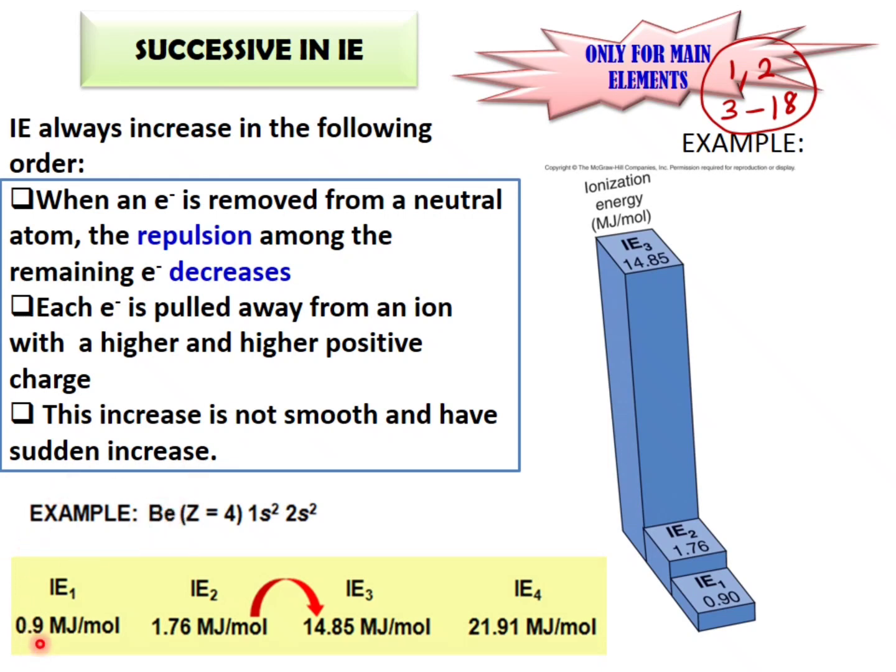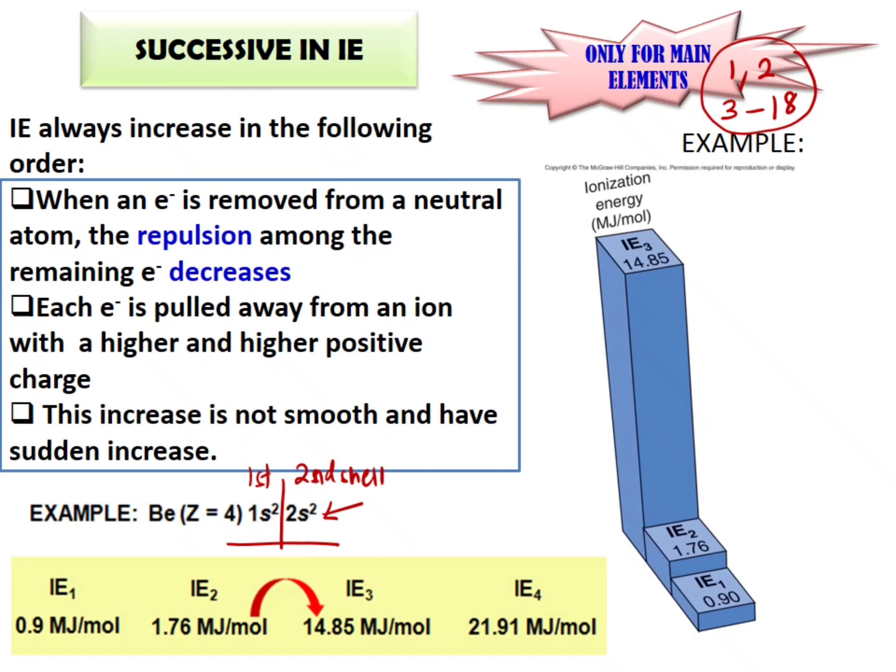Boleh nampak dekat sini? So beryllium, this is the electronic configuration 1s2 2s2. So we know that this is the first shell, this is the second shell. Okay, so bermaksud ini adalah outermost shell for beryllium.